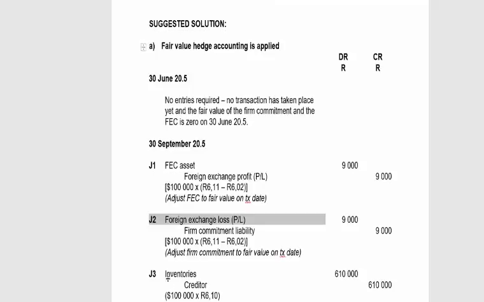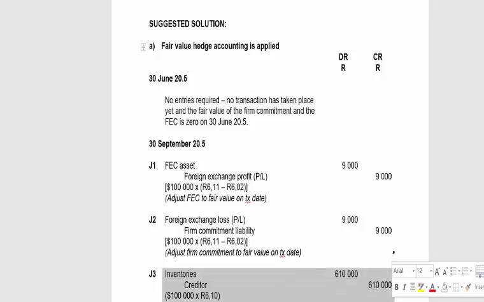Journal number 3 says debit inventories, credit creditor. So what is happening there? Remember, it's our transaction date. So on transaction date, we're now going to put into our books, recognize the inventories at 610,000, the spot rate on transaction date, against the creditor at 610,000.